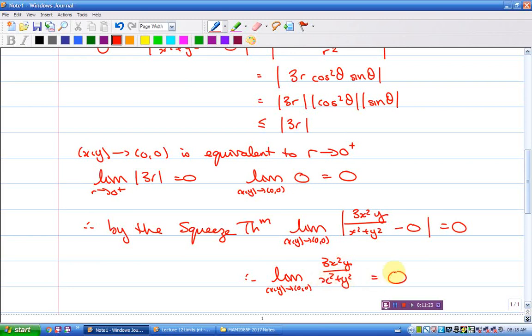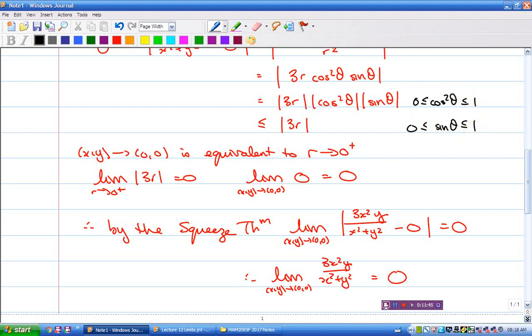Yes, over here. Second last line. Okay, so I know that cos squared theta lies between 0 and 1, and I know that sine theta lies between 0 and 1.